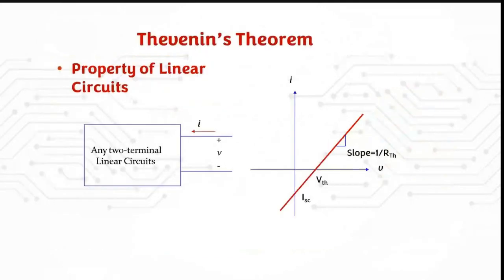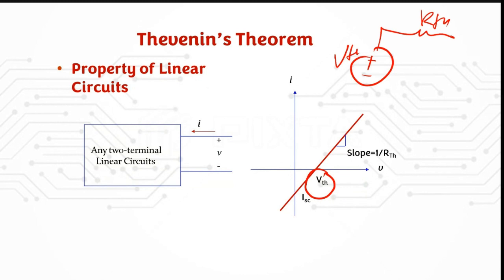Okay, and then after that, we have the property of the linear circuit. Previously I said that the two-terminal network can be replaced by an equivalent circuit consisting of a voltage source, the Thevenin voltage, in series with the Thevenin resistance.